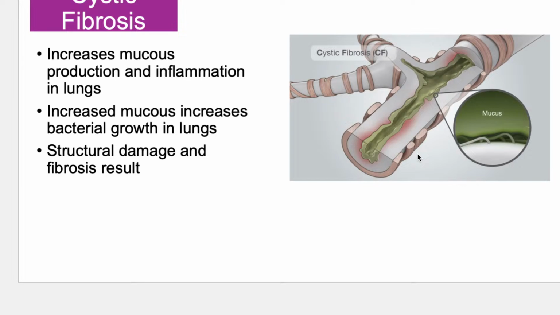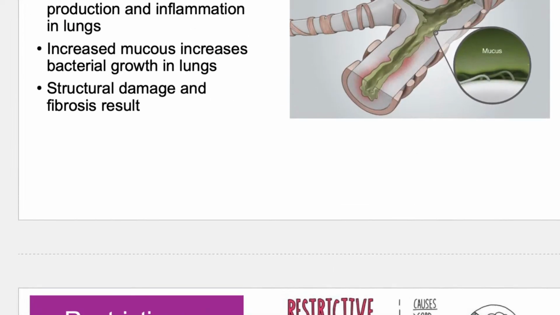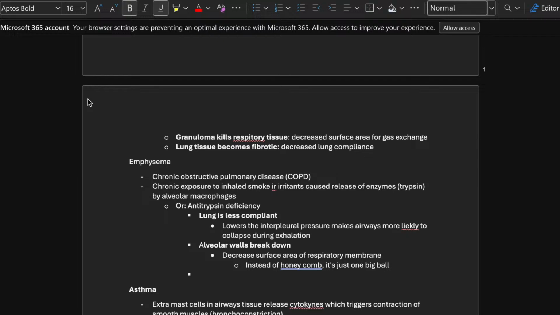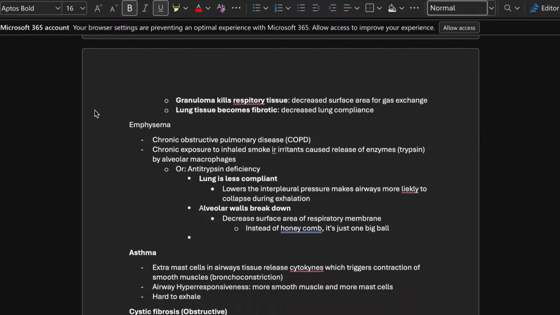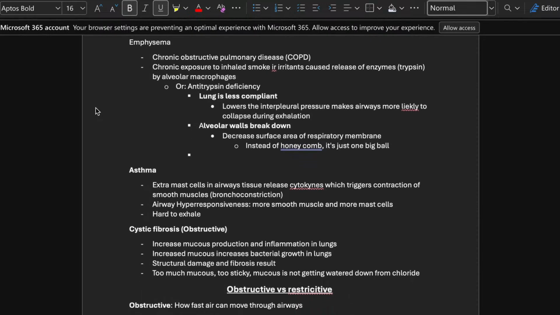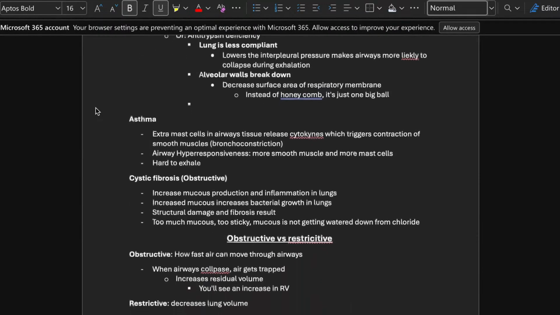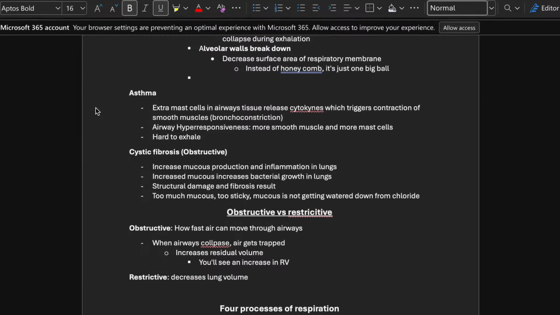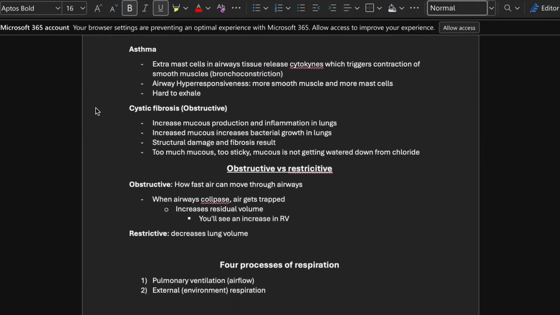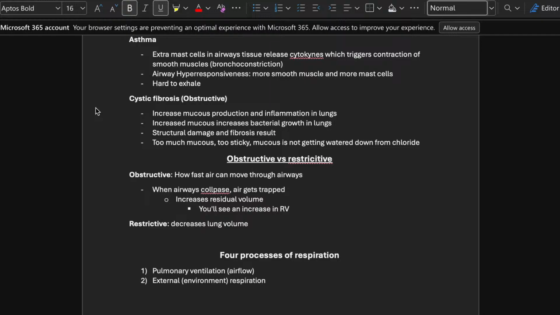All right, I have some notes on that. So this is cystic fibrosis.